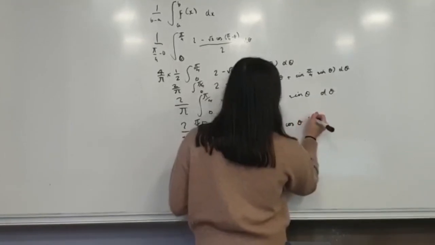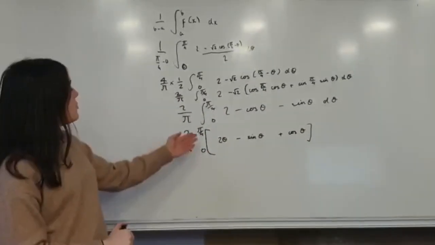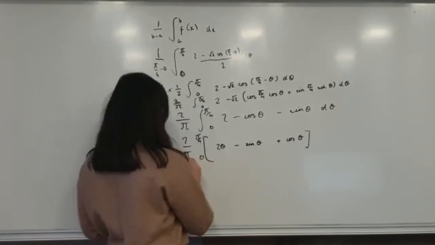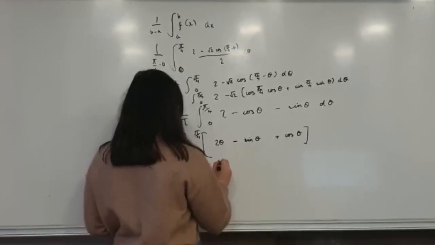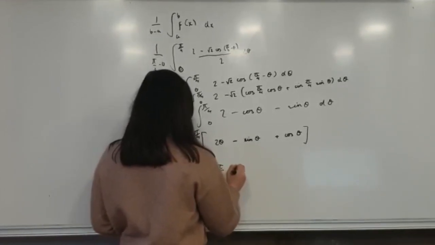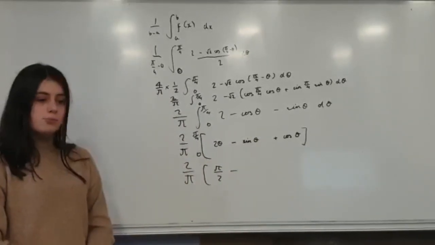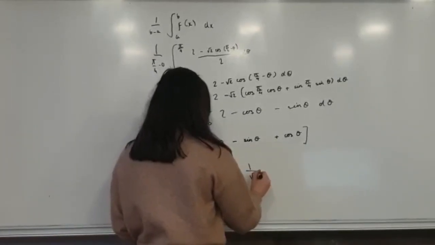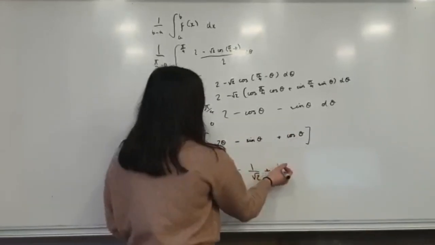Now when we sub in the values, pi over 4, 2 times pi over 4 will give us pi over 2, minus sine pi over 4, which is minus 1 over root 2, plus cos pi over 4, which is 1 over root 2.